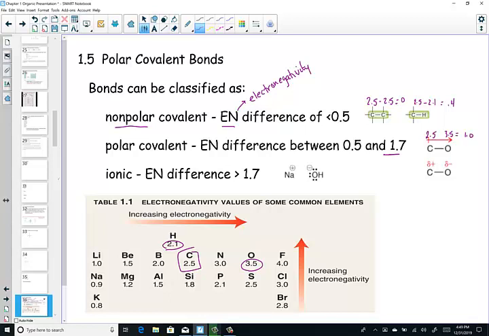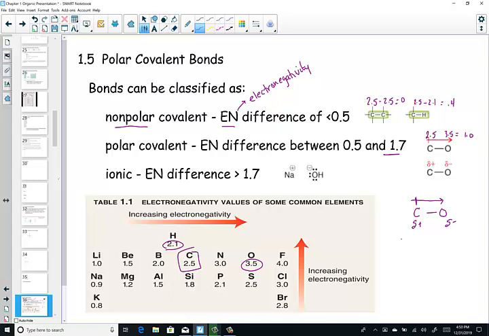Notice that we use special designations to indicate the induction of charge. Carbon to oxygen, we use this tail at the end of an arrow, and we point to the more electronegative element. Carbon is less electronegative, resulting in a little positive charge, and oxygen, which is more electronegative, more electron-rich, gives it a partial negative charge.